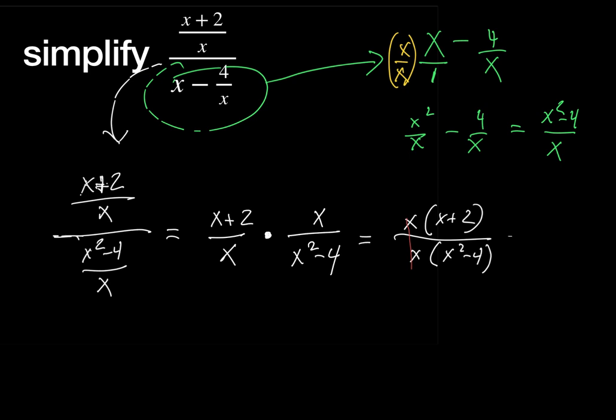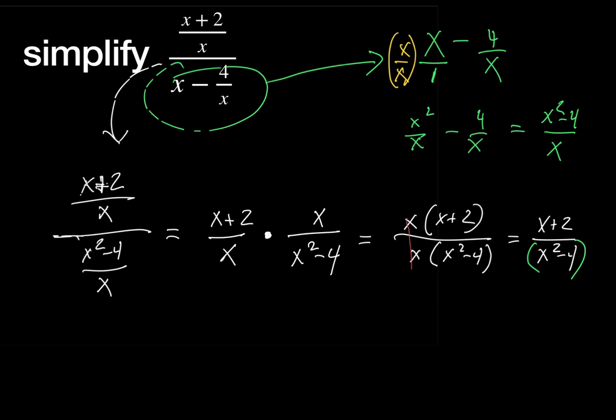So now I have x plus 2 over x squared minus 4. Does that look familiar? This down here is the difference of squares.